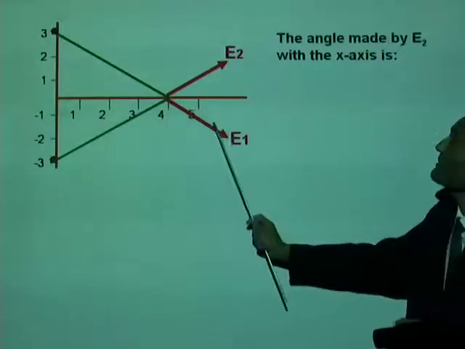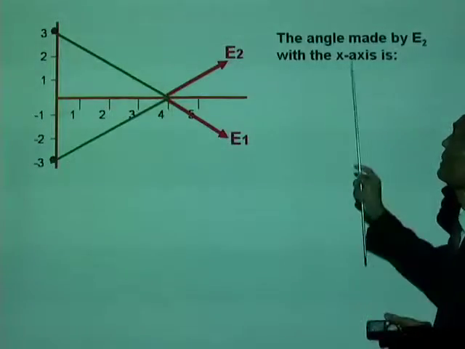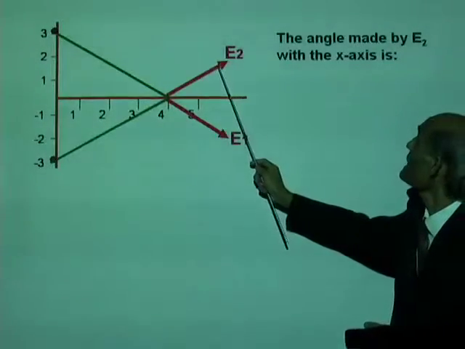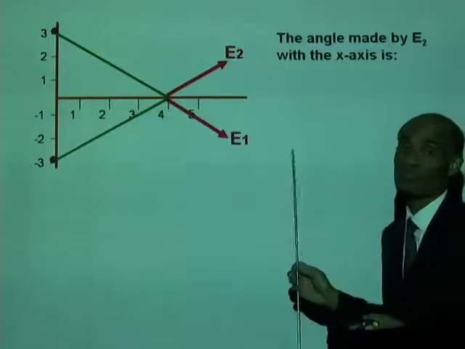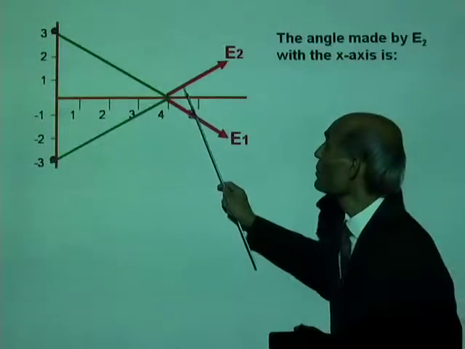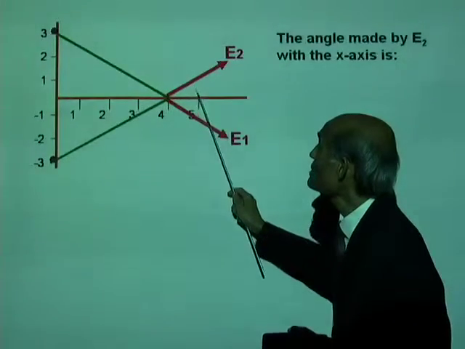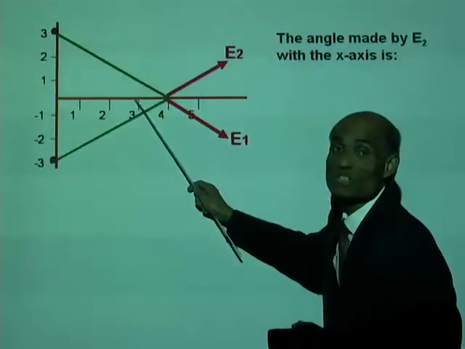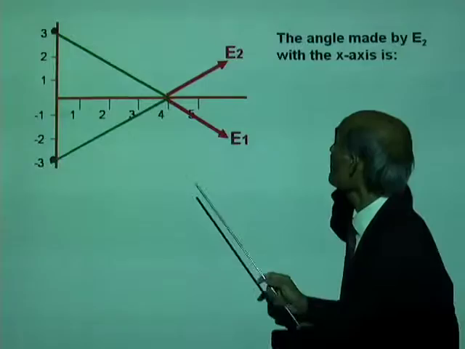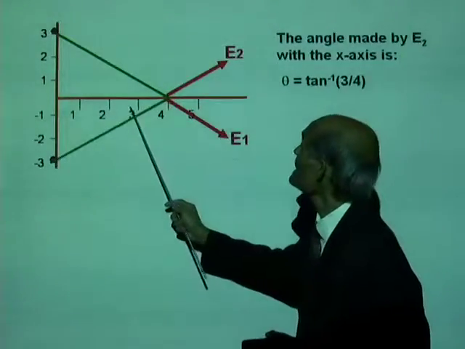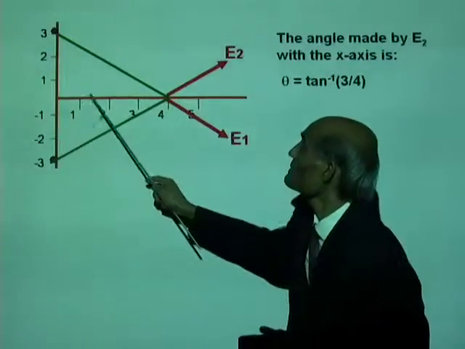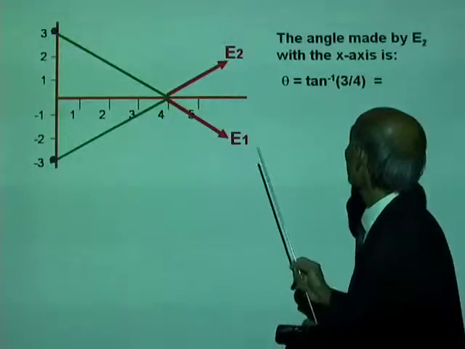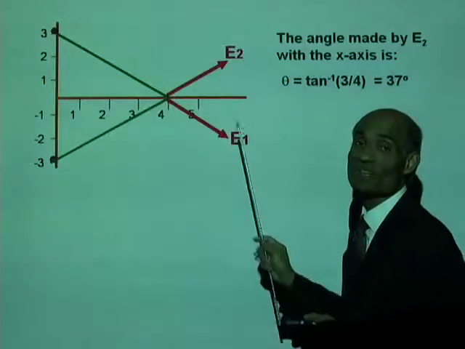Alright, so here we have E1 and E2. The angle made by E2 with the x-axis, as I was telling you, this angle is the same as its opposite angle. Theta equal to tan inverse of 3 divided by 4, and that will be 37 degrees.